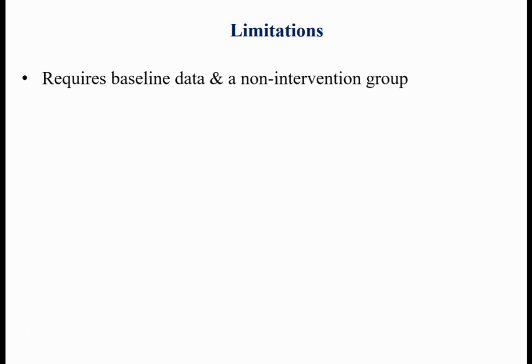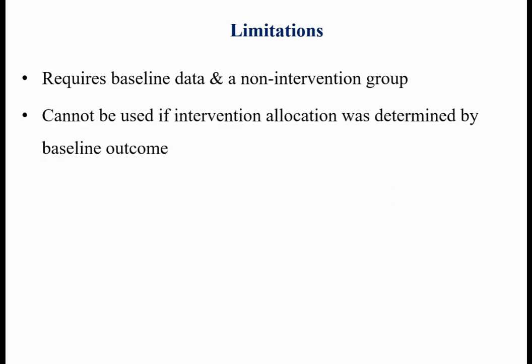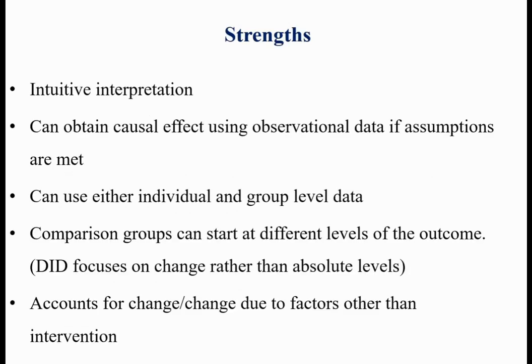So once we are able to establish that prior to the intervention, this was what was happening, after the intervention, this is the actual difference in difference, then we will be able to know that, okay, without the treatment, this would have been the difference. So the DID design is able to help us to know the change due to factors other than the intervention or the treatment.